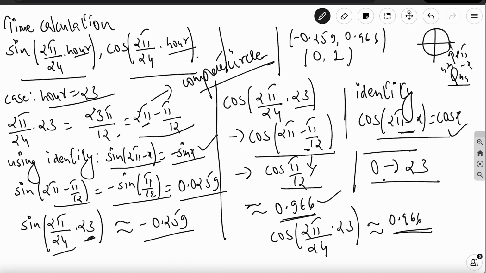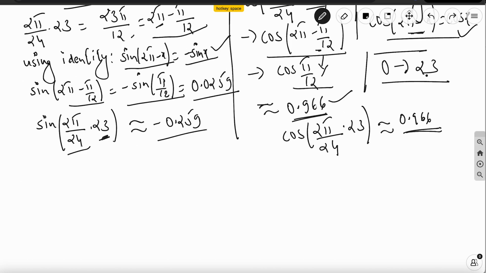But when you look at the trigonometric values, minus 0.259, 0.966 and 0, 1, these are closer to each other. Although the value here is 1, 0.966 is very close to 1. Similarly, minus 0.259 is not far away from 0. That's the reason why trigonometric functions are used to calculate time in ML models.